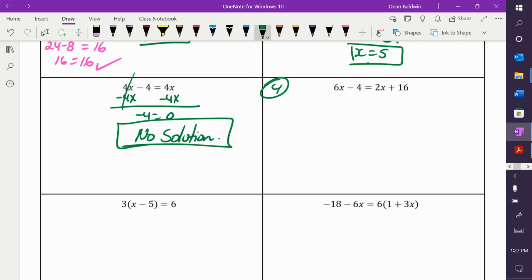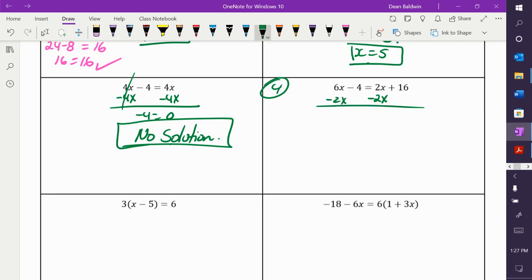Okay, x is left, numbers right. So if x is on the left side, I need to move this 2x to the left side. Is that 2x positive or negative? Positive. Okay, so how do I get rid of it? -2x. So you minus 2x. And what you do to one side, you have to do the other.